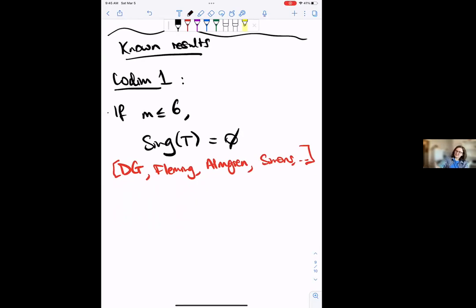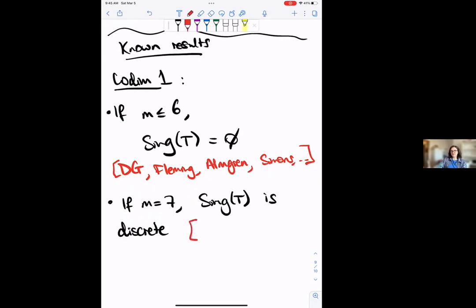Then if M is 7, the singular set is discrete. This was due to Simons, Federer, Bombieri, De Giorgi, Giusti.